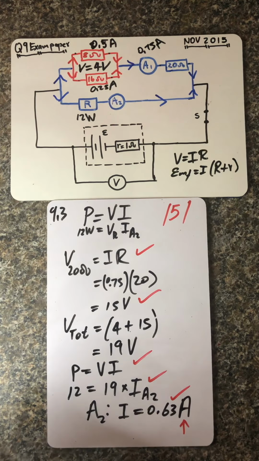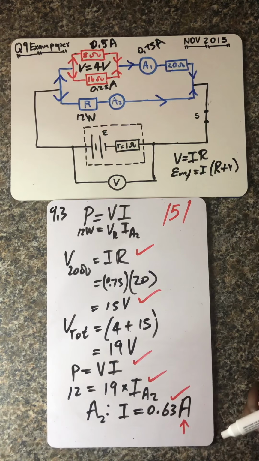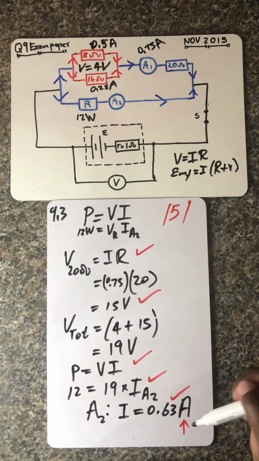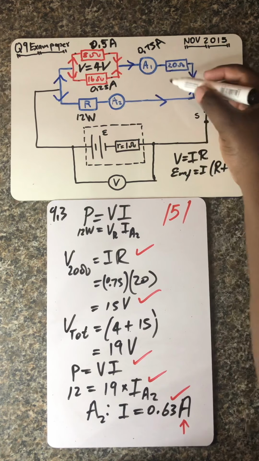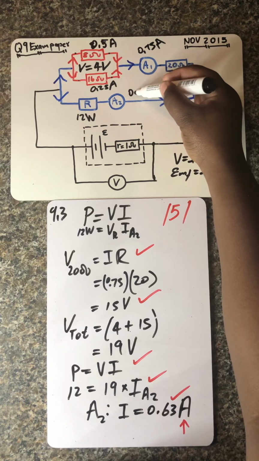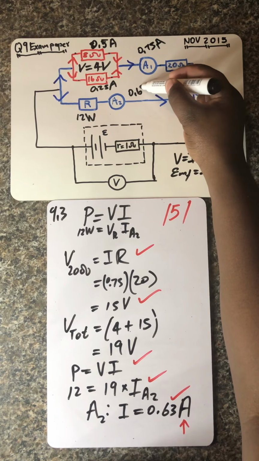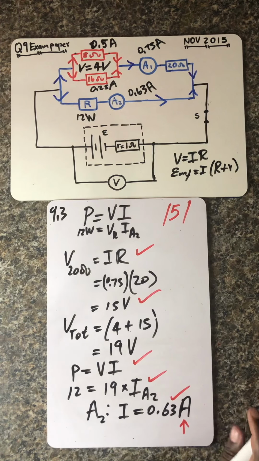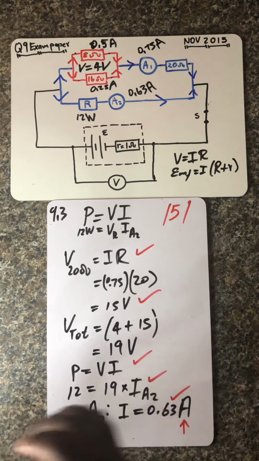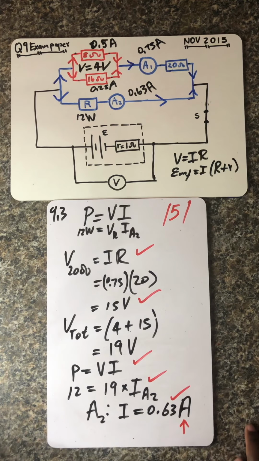So in terms of the current, that means the current flowing there is 0.63 amperes. Let's just do some comparisons, guys.